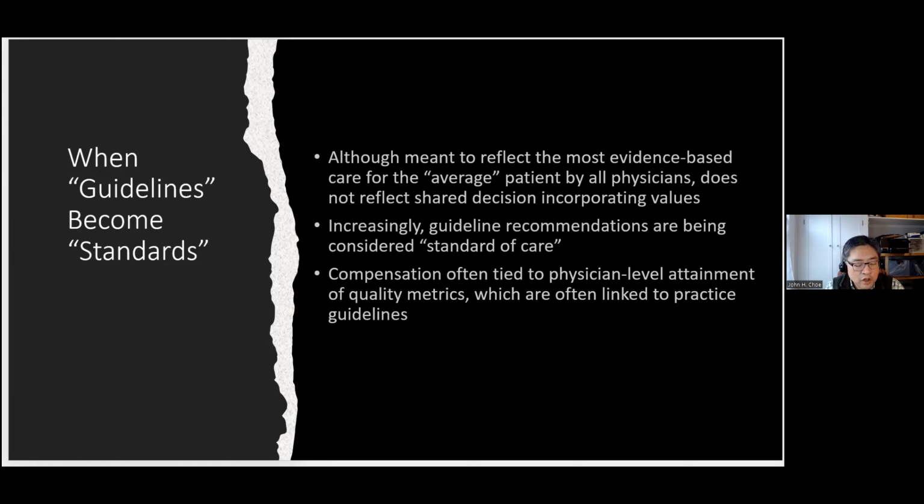Increasingly, these insurers are looking at those things as quality measures. Those quality metrics are oftentimes linked to these practice guidelines. So although they're built around this idea that they're recommendations only, well-informed recommendations, they are carrying a lot greater weight because of the way in which they're being used.